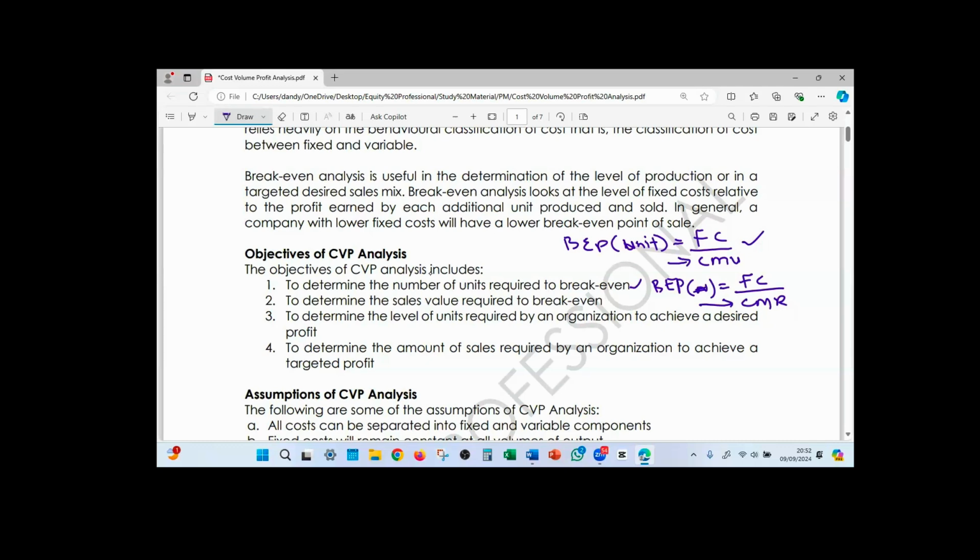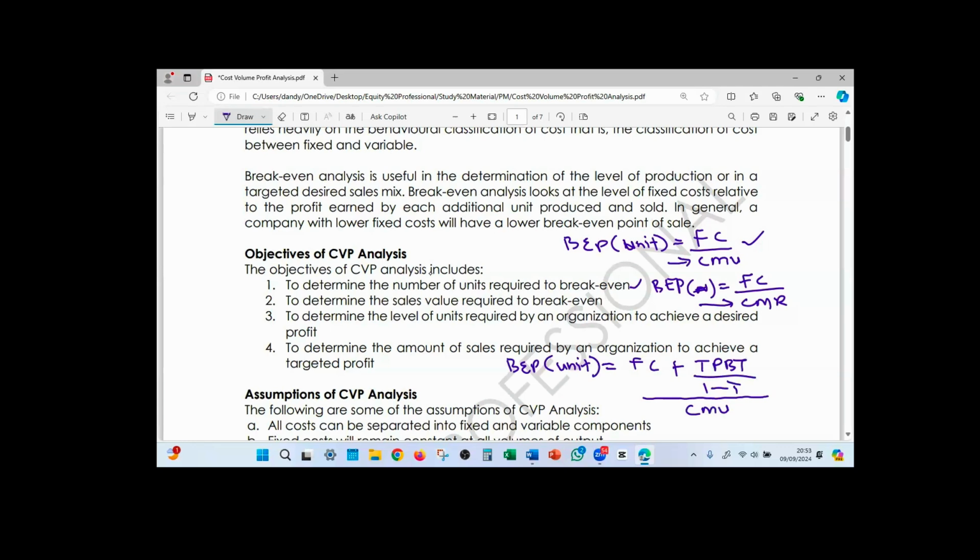So when you want to determine the units required to achieve a targeted profit, the break-even point in units will be calculated as fixed cost plus targeted profit before tax divided by 1 minus tax rate, or divided by contribution margin per unit.